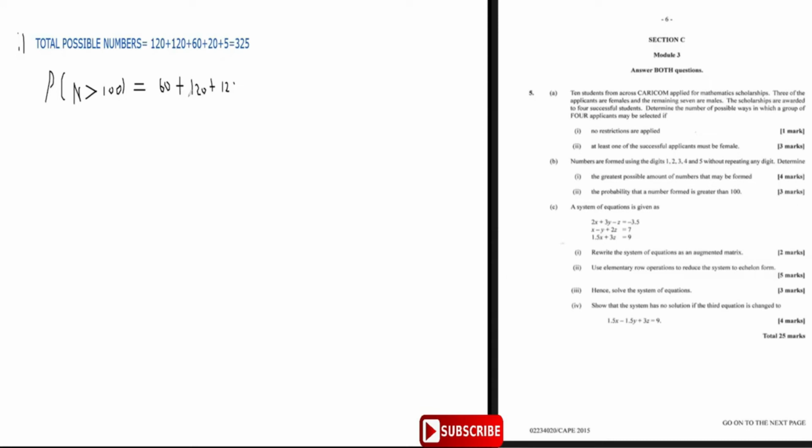and then it's divided by the total number of numbers that can be formed, which is 325.